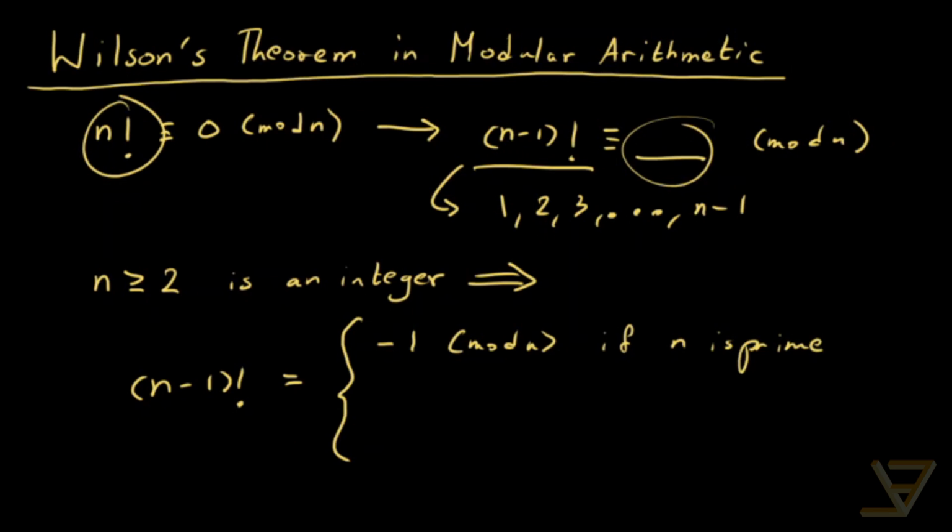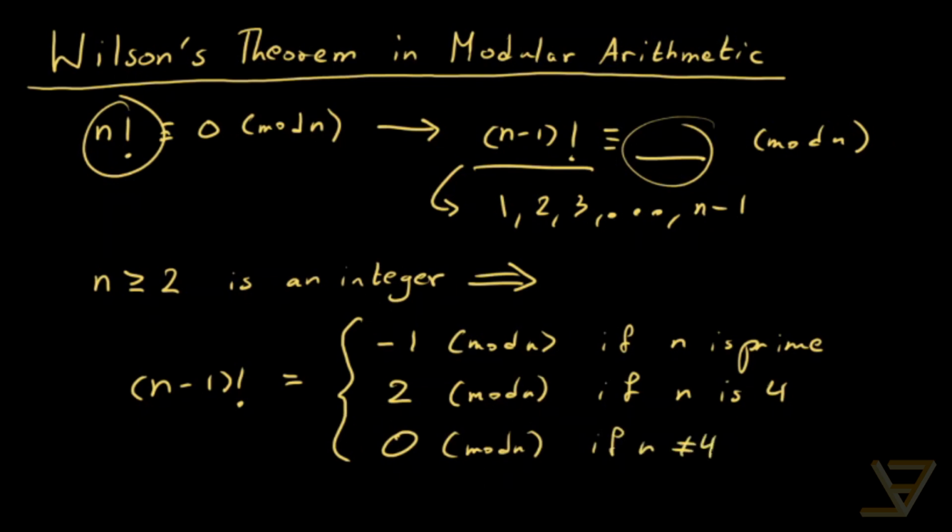And that's the case that's usually stated, but we're going to do a complete classification. It's 2 mod n if n is 4, and 0 mod n if n not equal to 4 is composite.